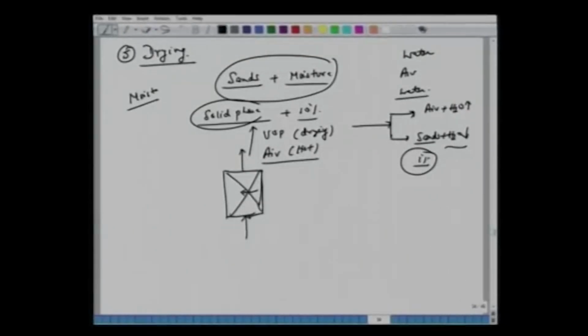Okay. Now again, this unit operation, make a note that now we are bringing this hot air. That means now we have to look at heat transfer. So this is one unit operation where we have both aspects of mass transfer as well as heat transfer.